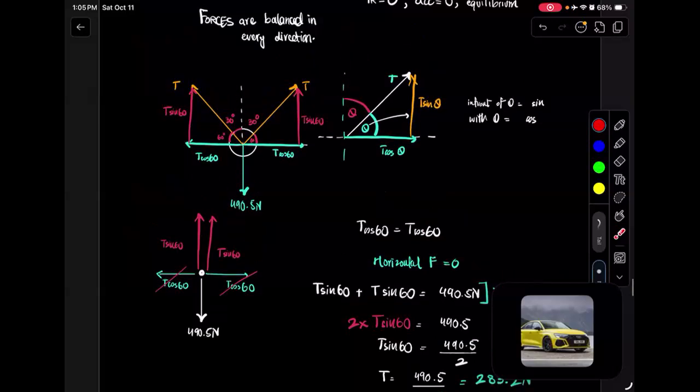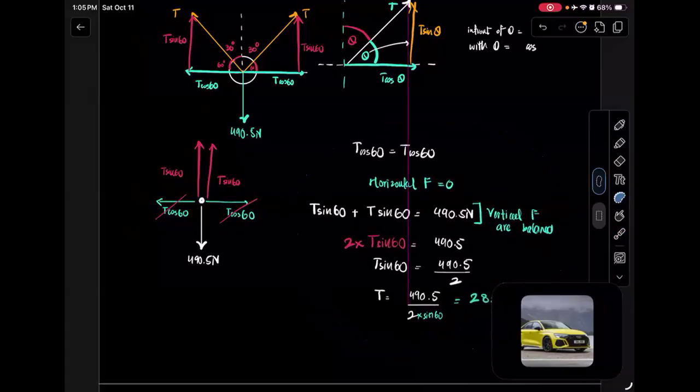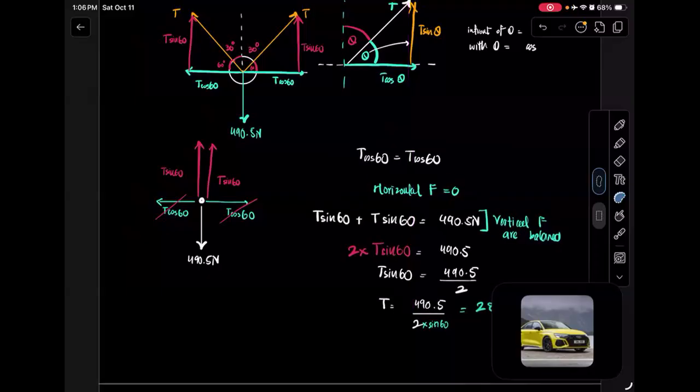Ah, no, you've got two components of the tension, right? You have this vertical component and this vertical component as well. I also minused 2T sine 60 from 490.5. Basically I put 0 is equal to 490.5 minus T sine 60.